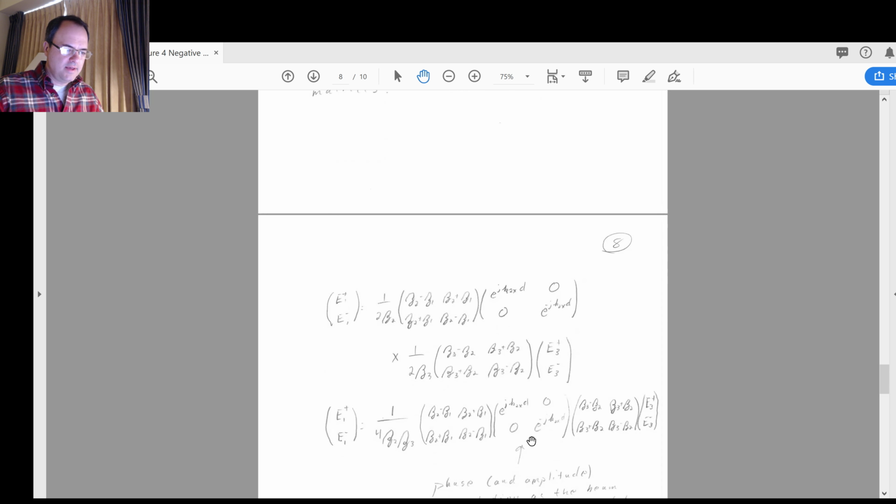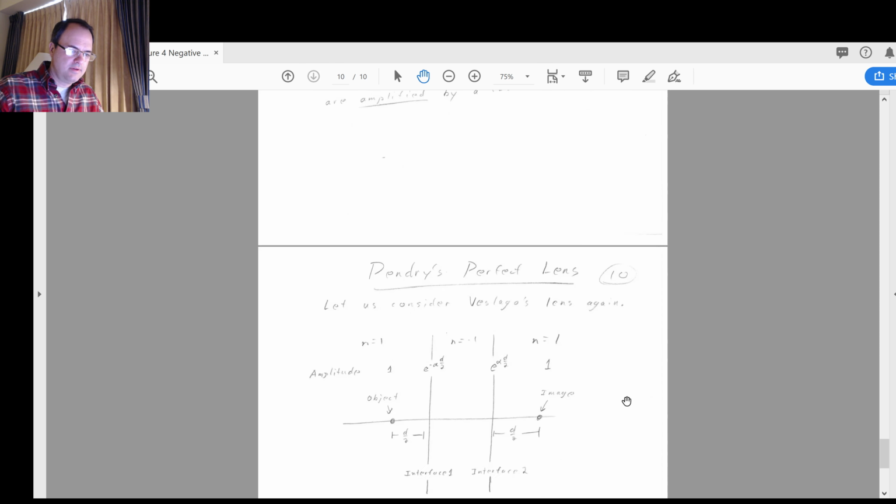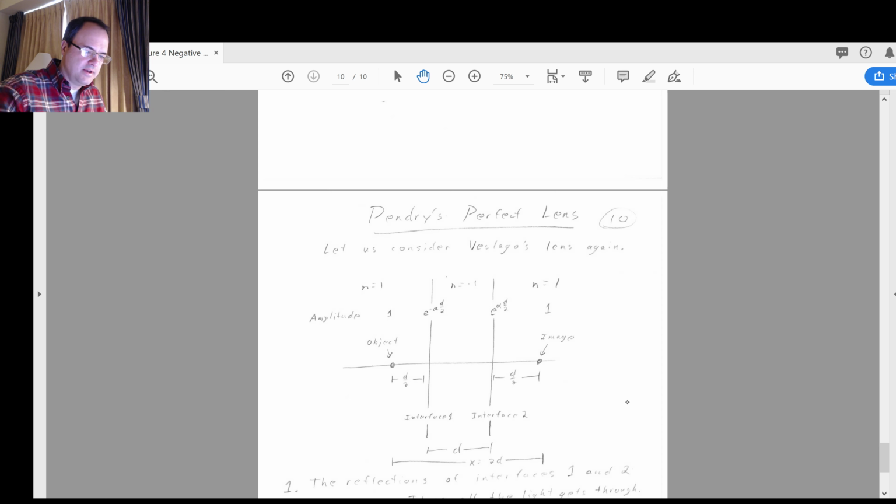So to do that, we start with the fields in region 3, right at the interface between region 3 and region 2. We hop that interface, and mathematically, that hopping is done by the application of this transfer matrix right here. And then we have the fields right here.